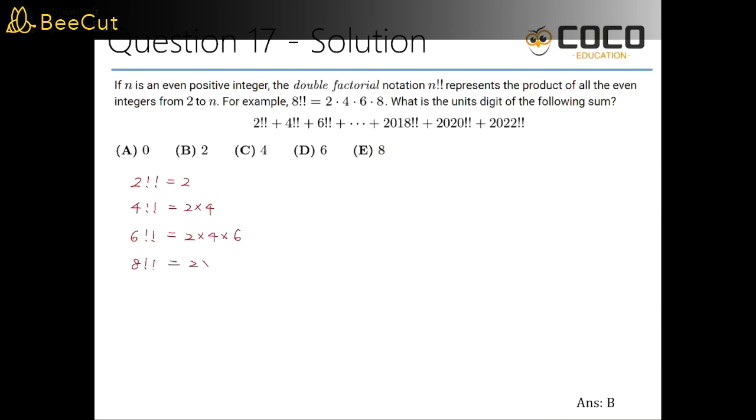The 8 double factorial, 2 times 4 times 6 times 8. 10 double factorial, 2 times 4 times 6 times 8 times 10.